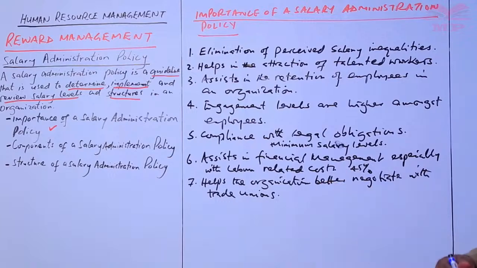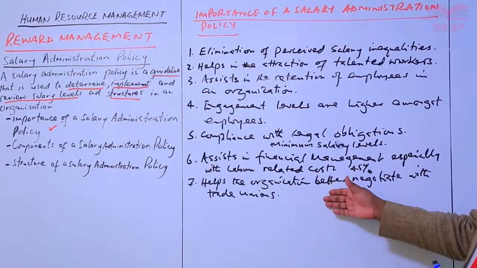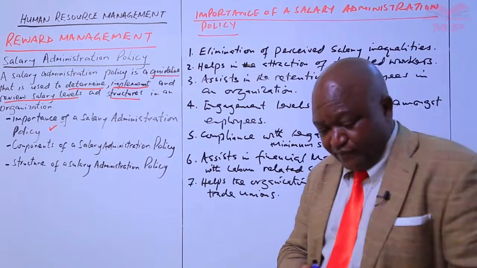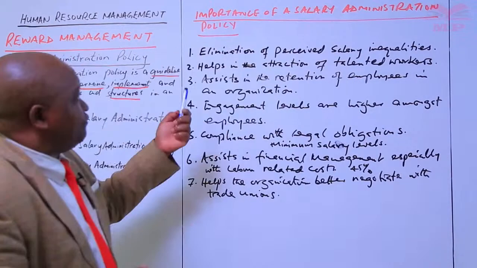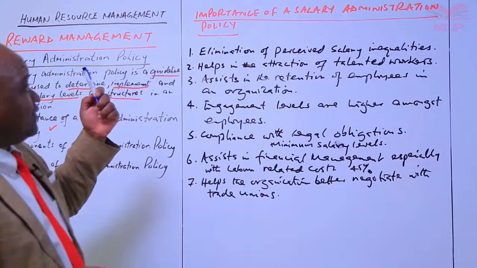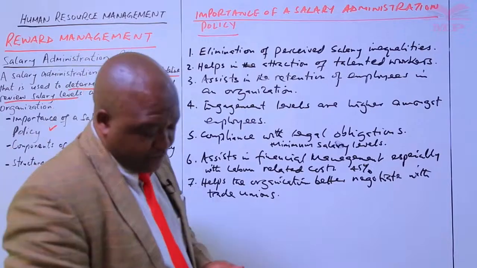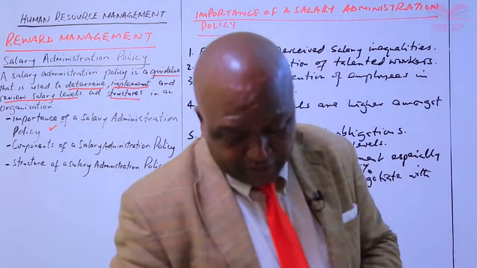If there are any disputes and so on, they are able to negotiate based on the policy within a given organization. So those are some of the reasons why it is important for an organization to have a proper salary administration policy in a given organization.